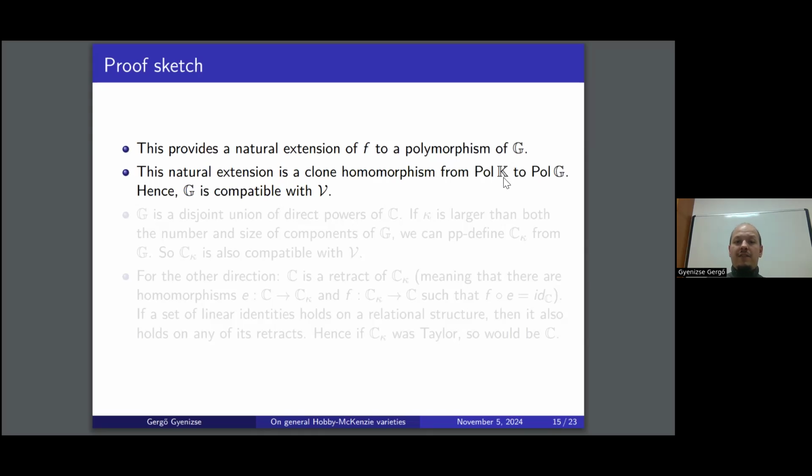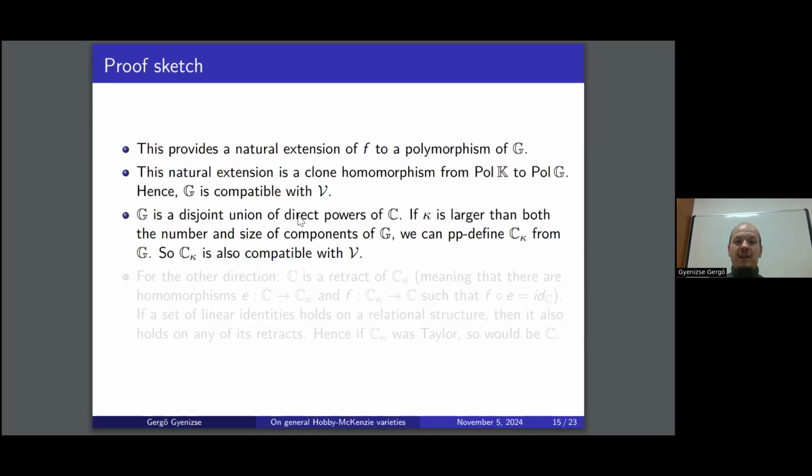So K was a graph that was compatible with V. It satisfied the Maltsev condition induced by V. And if we are taking a clone homomorphism, then the image will still satisfy that condition. So Pol G satisfies the Maltsev condition induced by V, so G is compatible with V. And G is a disjoint union of direct powers of C. So we started from a non-Taylor variety, and we get a disjoint union of direct powers of C that satisfied that Maltsev condition.